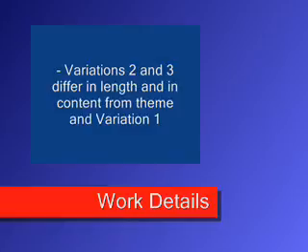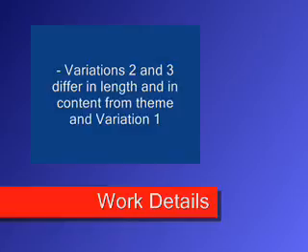Now the first variation is perfectly regular. Notice it has an A section that is repeated, and it has a B section which is repeated as well. But if you take a look at variations 2 and 3, you will see that each of them has 3 sections in it, not 4, as the theme does and as the first variation does.